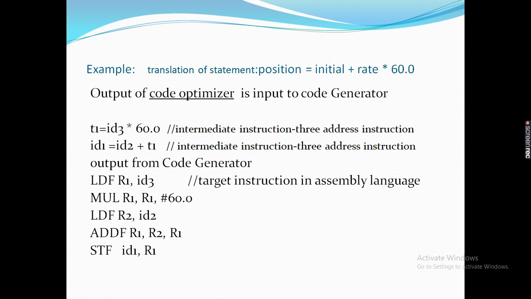The value of ID2 we have just loaded into register R2, and the value of T1 is stored in R1. So this instruction will add the content of register R2 with register R1, and the result after addition will be stored in register R1.